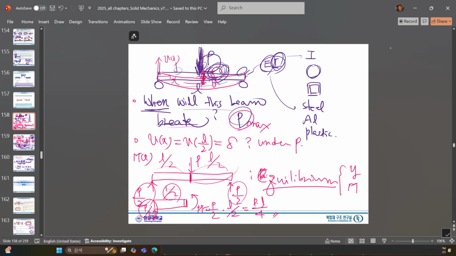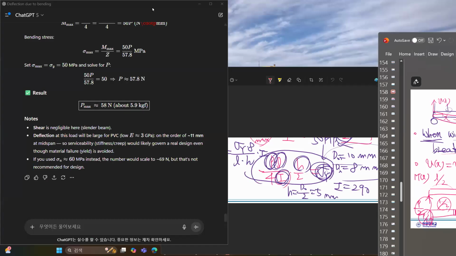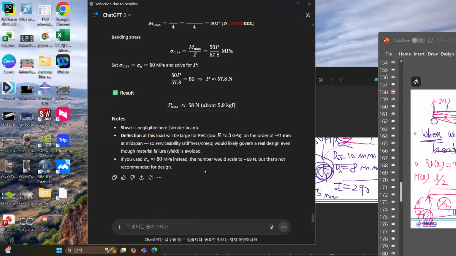And ChatGPT, this guy, we already asked. So how much does it deform? The deflection at this load will be large for PVC, on the order of 11 millimeter at midspan.